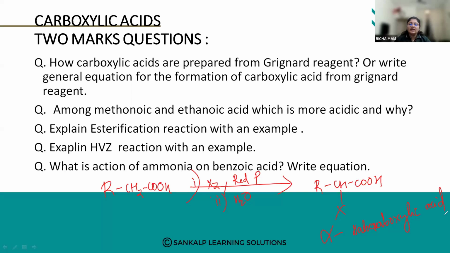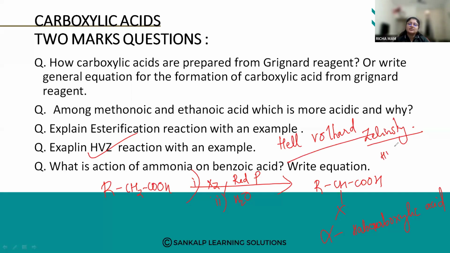A carboxylic acid having an alpha hydrogen is treated with chlorine or bromine in the presence of red phosphorus. It will give you an alpha halocarboxylic acid, and this reaction is called the Hell-Volhard-Zelinsky reaction, that is called HVZ.